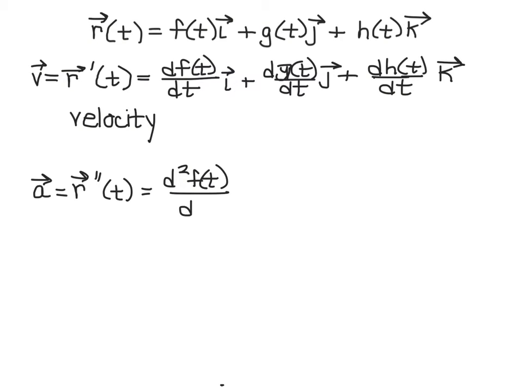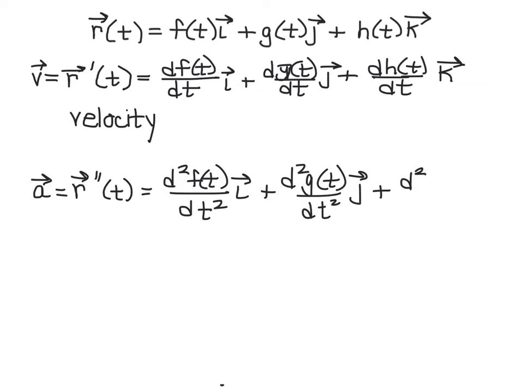It's the second derivative of f of t with respect to time in the i direction plus the second derivative of g of t with respect to time in the j direction plus the second derivative of h of t with respect to time in the k direction. And this gives us our acceleration.